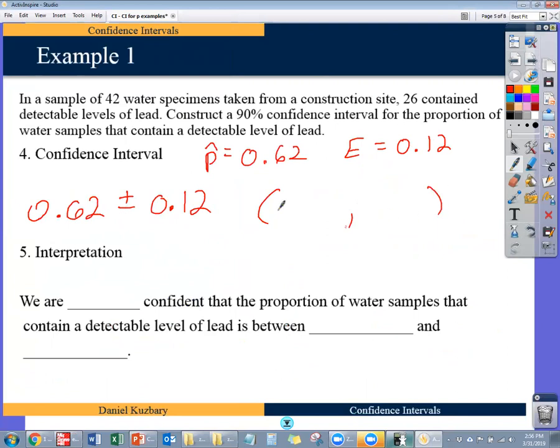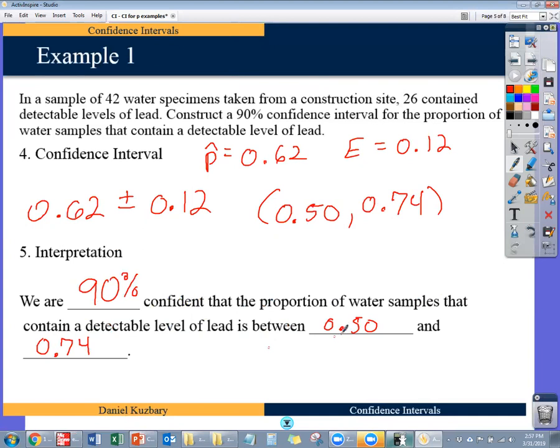My other way of writing it is where I put this minus that on the left side and this plus that on the right side. So on the left side, if you do the subtraction, you get 0.50 even. On the right side, if you do the addition, you get 0.74. So I'm saying virtually this. And this is how I would interpret this. We are 90% confident that the proportion of water samples that contain a detectable level of lead is between 0.5 or 1/2 and 0.74, which is almost 3/4.